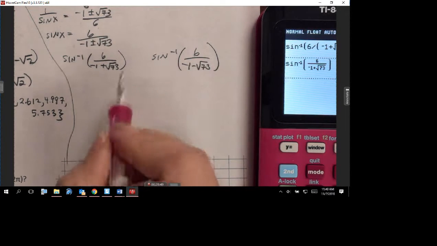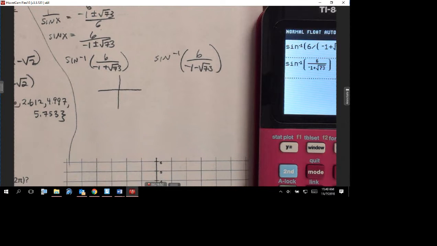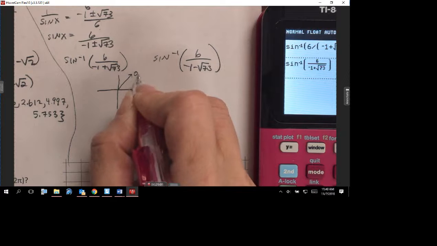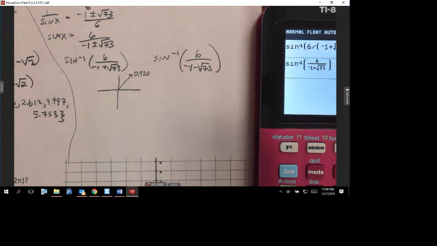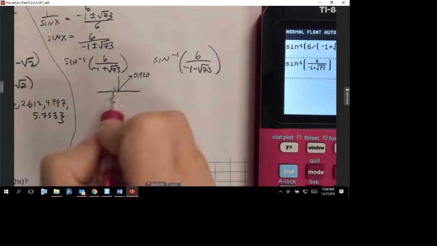Where is that? Which quadrant is 0.920? Quadrant 1. So this is sine. Sine, in everything is positive in the first quadrant. So what other quadrant is sine positive?